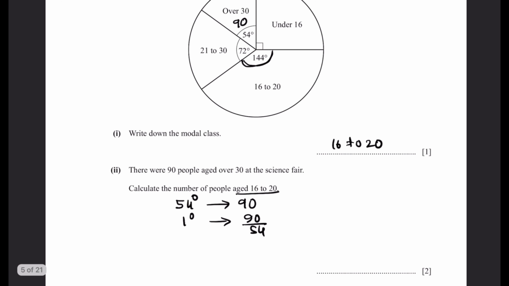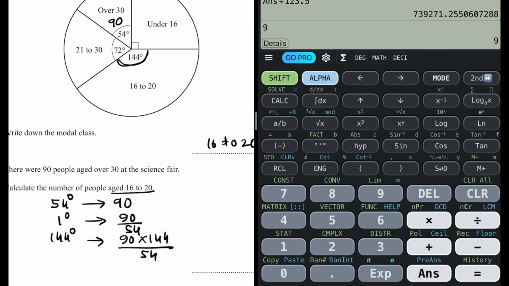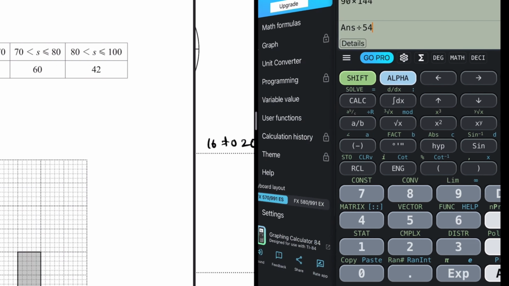So 144 degrees is 90 times 144 divided by 54, which is 240.